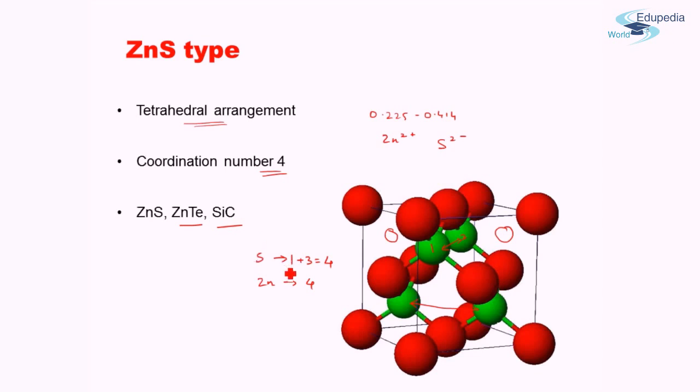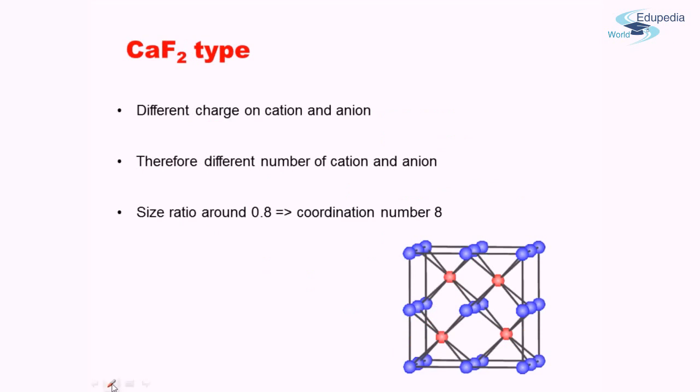Now that we have seen the 1:1 ratio kind of structures, let us see examples of a different ratio. The example which we'll see is calcium fluoride, Ca2+ and 2F-. So what we see is we have a 1:2 ratio for cation to anion.